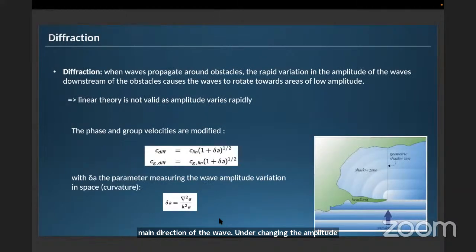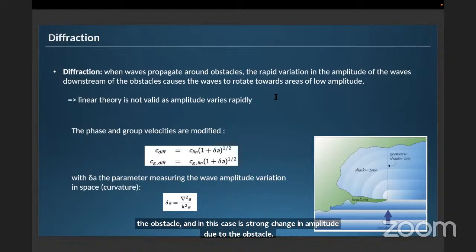Then we have the effect of diffraction. Now, this is a bit specific. At the moment that we have a strong wave train incident to a coast and it reaches a given obstacle, there is a sudden change in the wave amplitude behind the obstacle. And in this case, this strong change in amplitude due to the obstacle makes the wave not linear anymore.